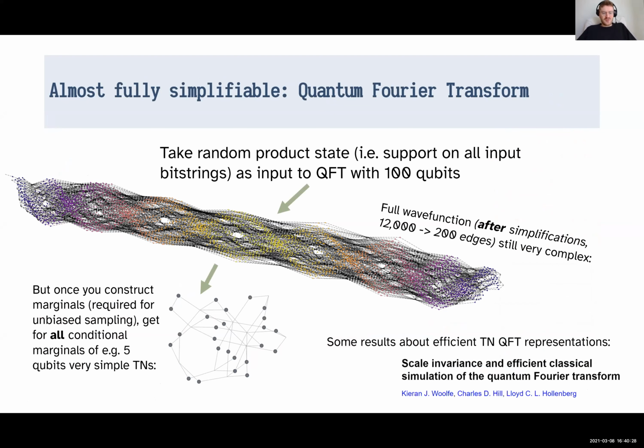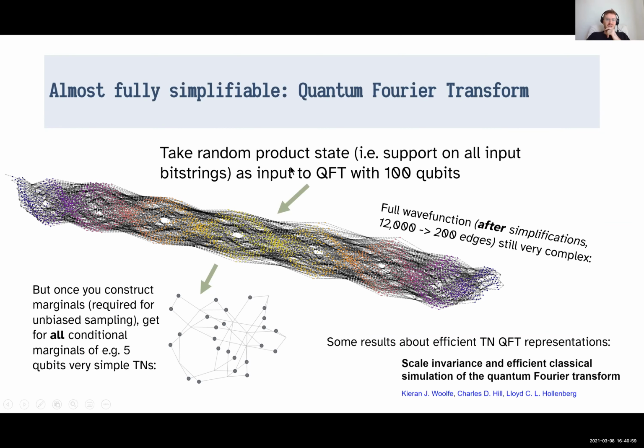And then maybe some more, to me at least, more surprising results for the simplification. If you just take the quantum Fourier transform, this is almost fully simplifiable for some tasks. So if you take just a random product state, it's important that it does in fact have support on all the input bit strings. It's not just a single bit string, which you'd think of as just doing the classical Fourier transform.